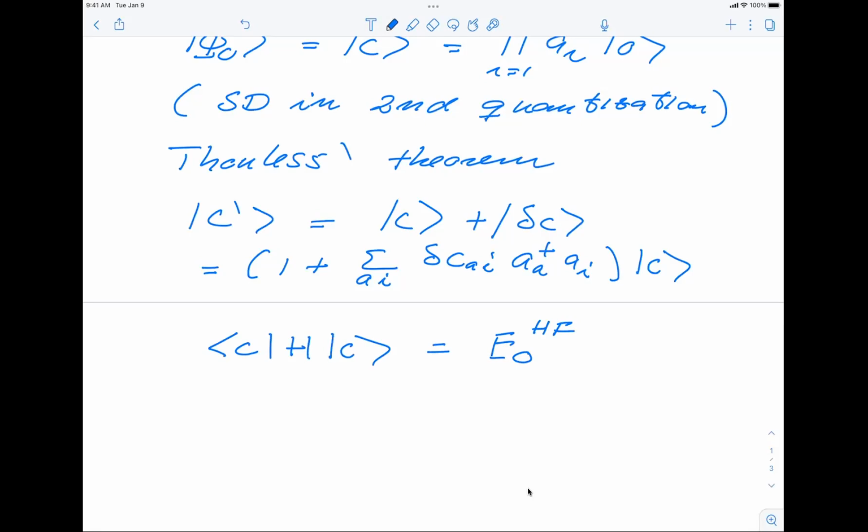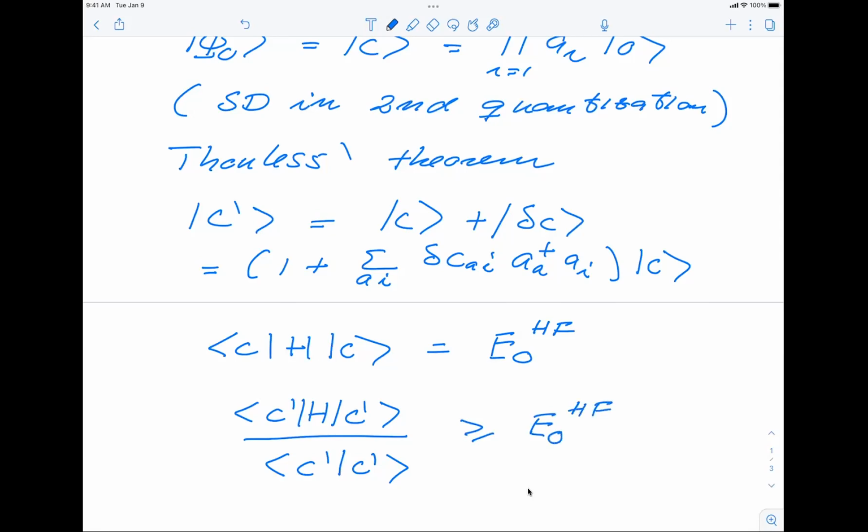And what we are going to study now is the calculation in terms of this new Slater determinant, which is not necessarily normalized. So then we have to do a proper normalization here. And we actually want this one to be larger than or equal to the Hartree-Fock ground state which we have found.